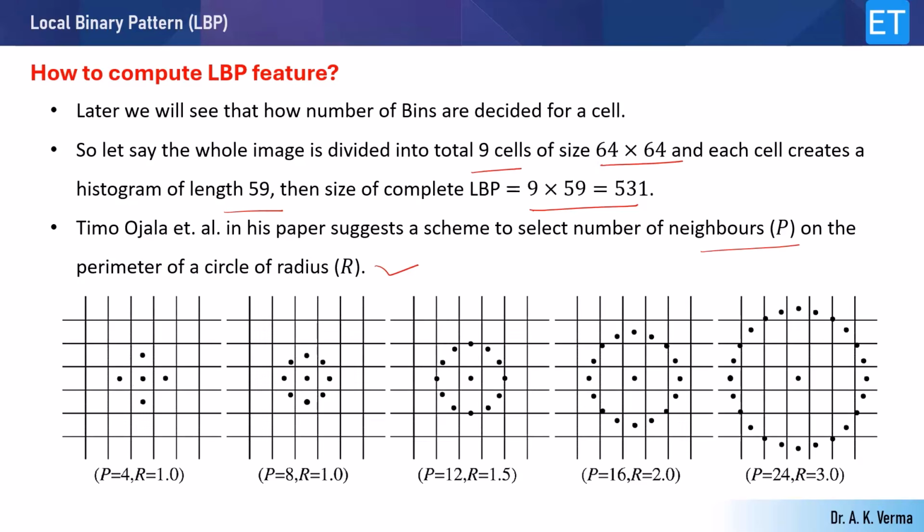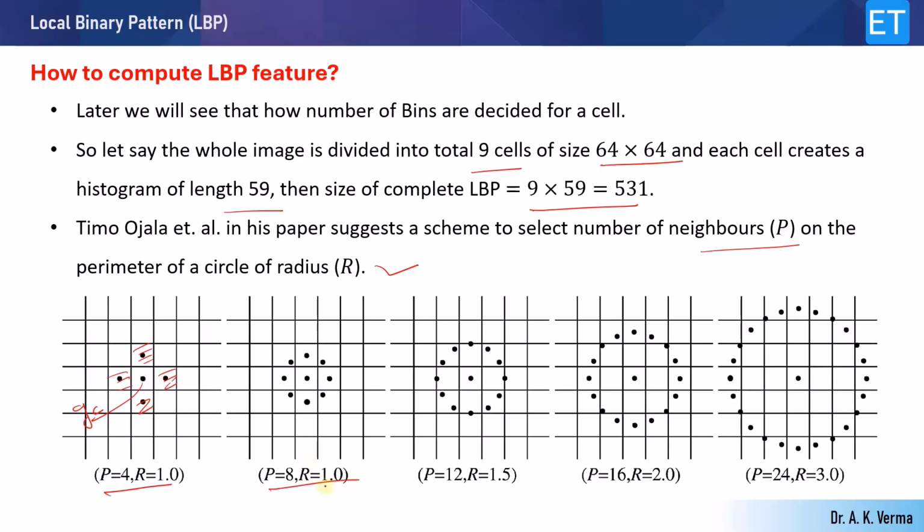He says that we have to consider the pixels which are lying on the perimeter of a circle. So this is the first case, where the radius is 1 and the number of neighbors is 4. You will select this pixel, this one, and this one, and this is your center pixel GC.